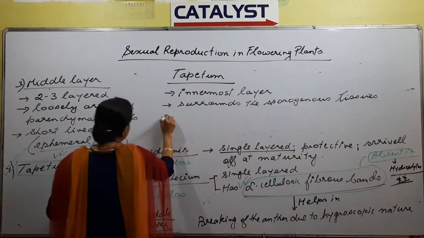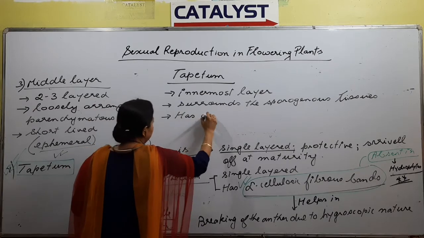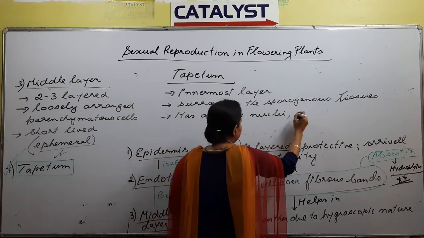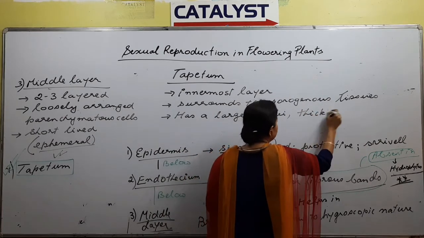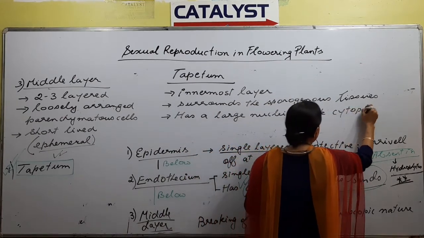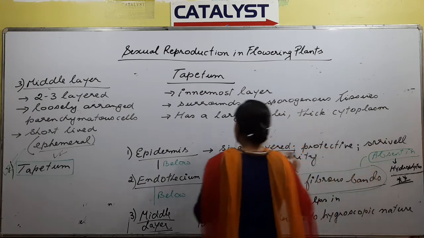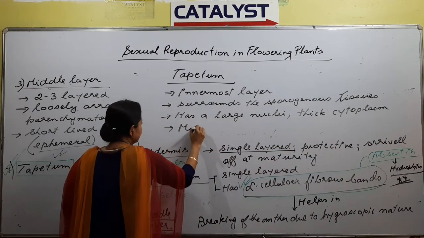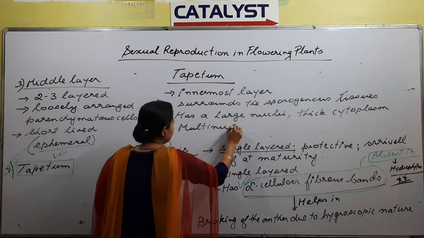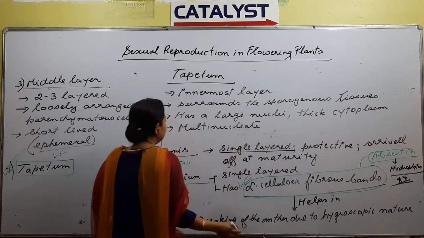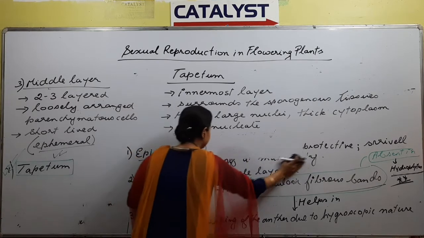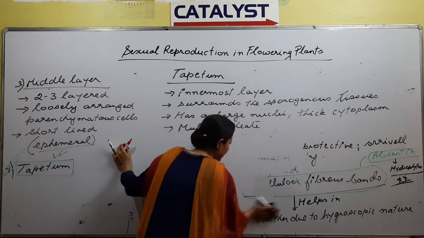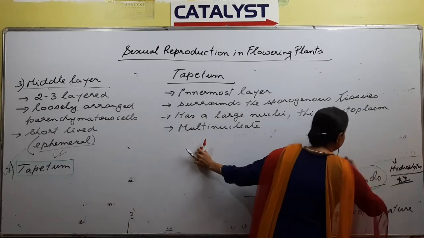It has large nuclei or a thick cytoplasm, right? Next is some words that you need to remember: multinucleate, right? Next is the cells of the tapetum are generally multinucleate.